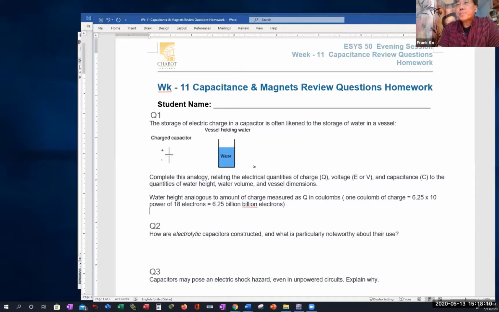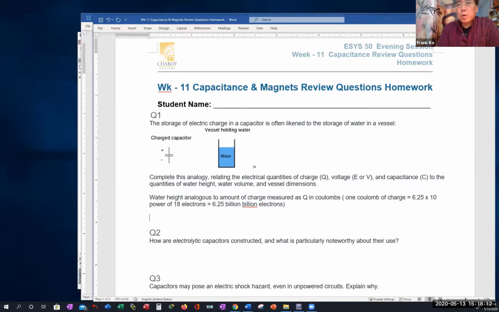And then your water volume would be equal to capacitance, which is equal to the ability to store charge.